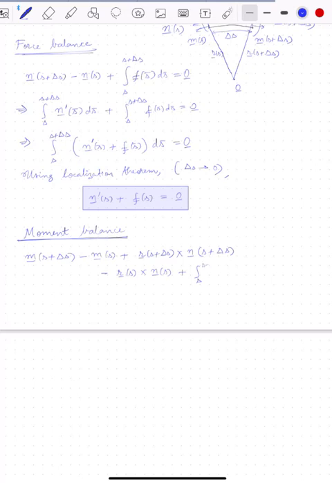So it will be the integral from S to S plus delta S of r vector of S bar cross f vector of S bar dS bar is equal to 0 vector.